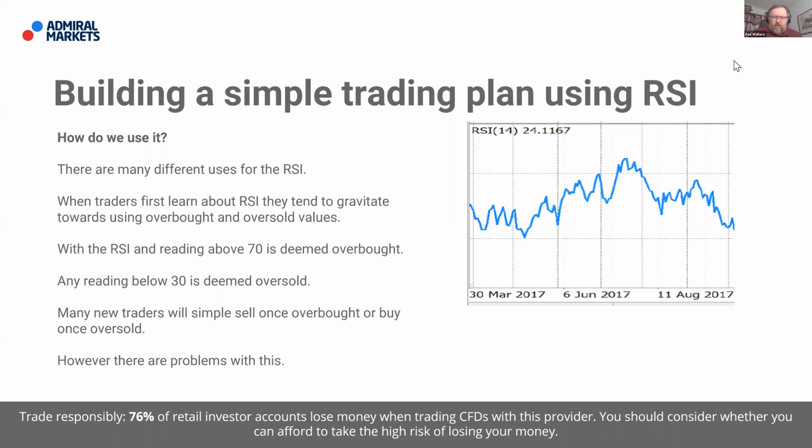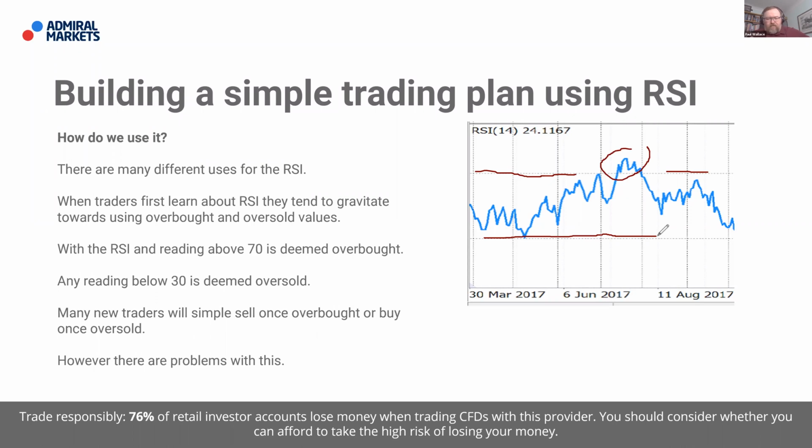Well, and let's use the drawing tools here on our fantastic suite of Zoom tools, when the RSI is reading above 70, which is this dotted line here, which we'll show you in the next slide or two, then traders believe it to be overbought. And any reading below 30, which I'll show you on the actual platform a little bit later, is deemed to be oversold.